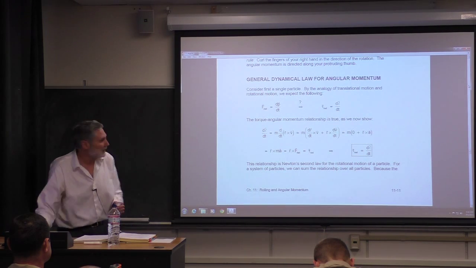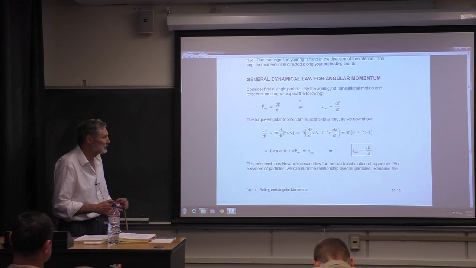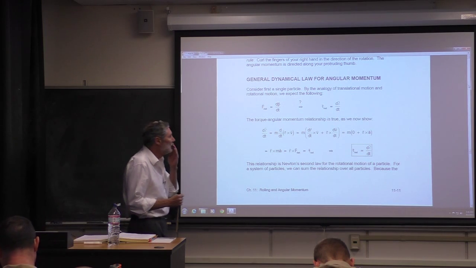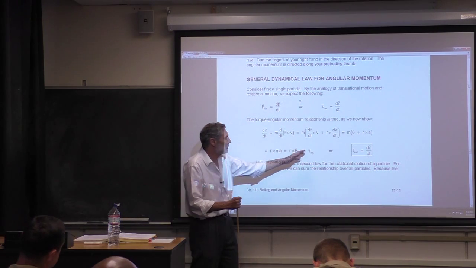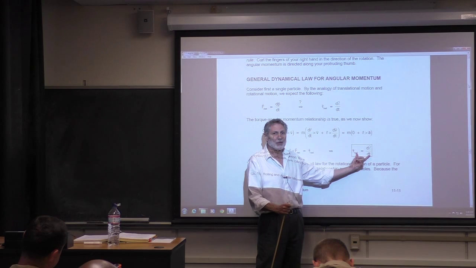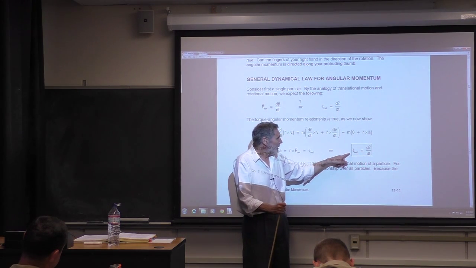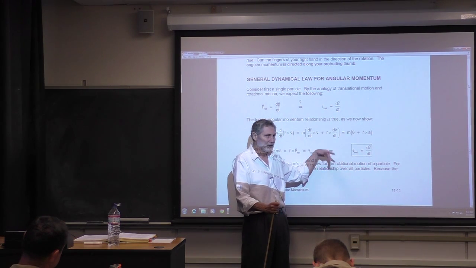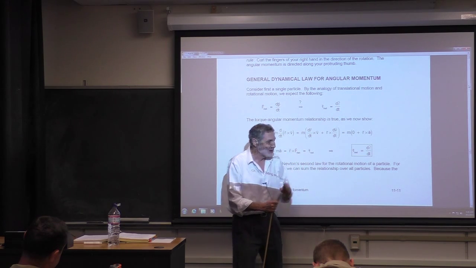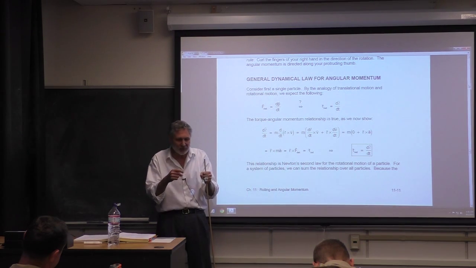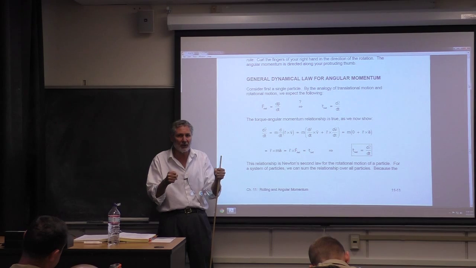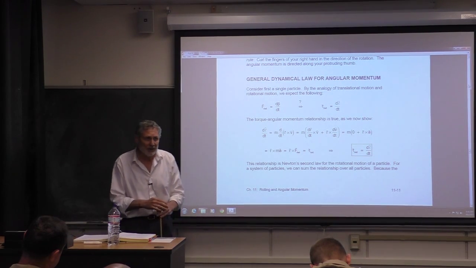Now, to apply this to an arbitrary system, we need to sum over all particles. On the left-hand side, we're going to get the total net torque. When we have more than one particle, a particle can exert a torque on another particle, but the torques are going to be equal and opposite, so they cancel out.